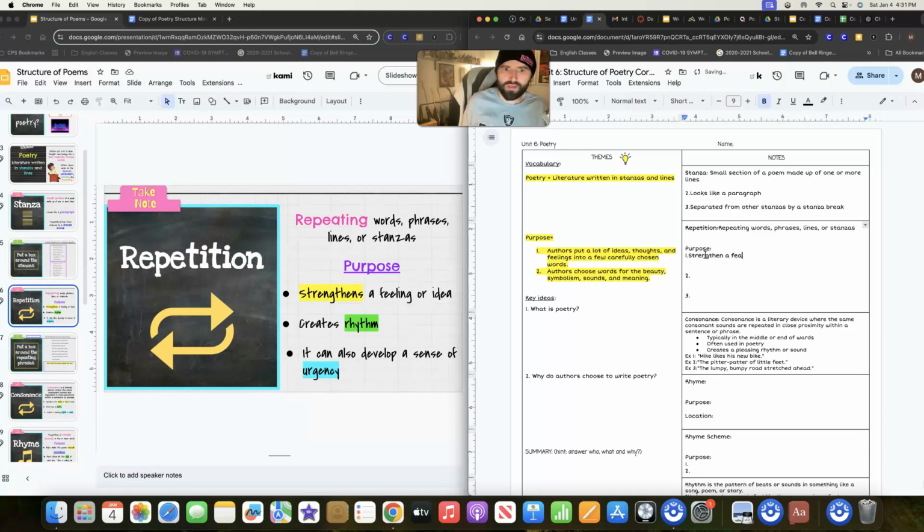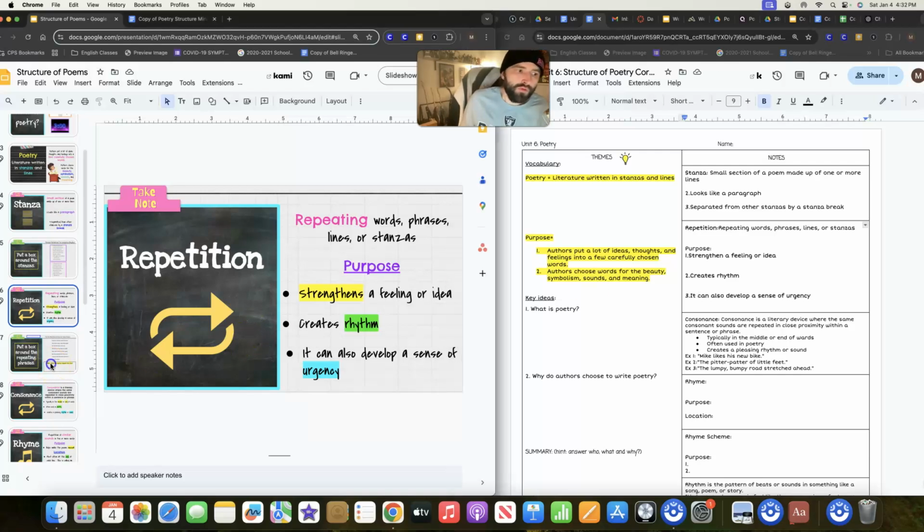It strengthens a feeling or idea, right? It creates rhythm, which we're going to talk about in a second. Rhythm is all throughout poetry and music, of course. And then, this is probably the hardest one to really grasp, it can also develop a sense of urgency, or that it's important that I've repeated it so many times. Like, we need to get this done. Like, it's this important that I keep doing this.